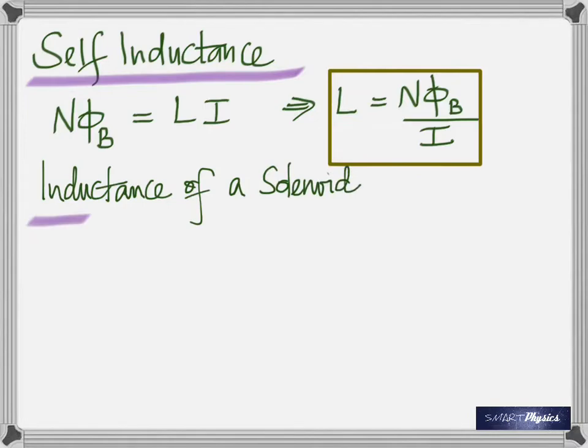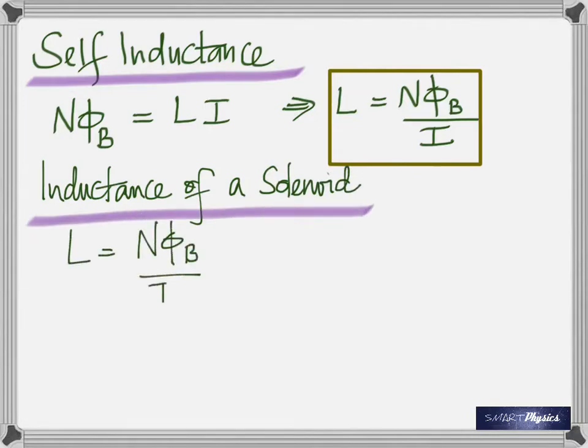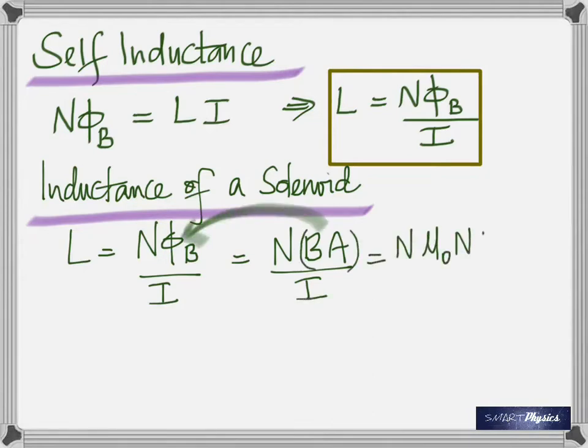And then we are trying to use this to find the inductance of a solenoid. Okay. We start with that formula. We know that phi is B times A. And then we know that B for a solenoid is, that's the second time we're using it, right? B for a solenoid is mu naught Ni by its length.